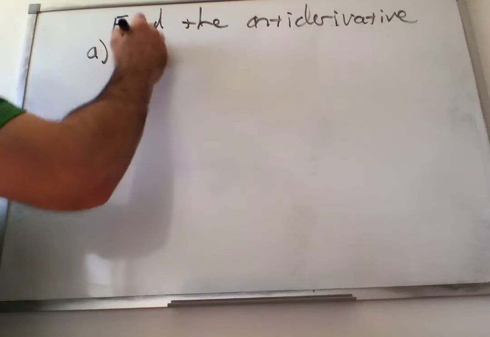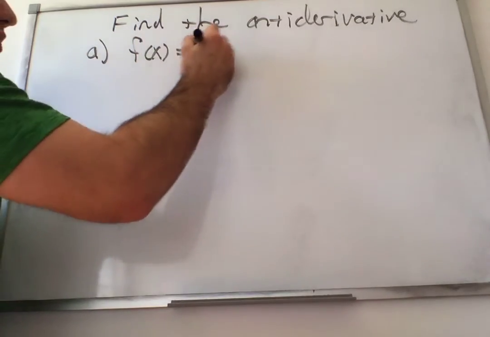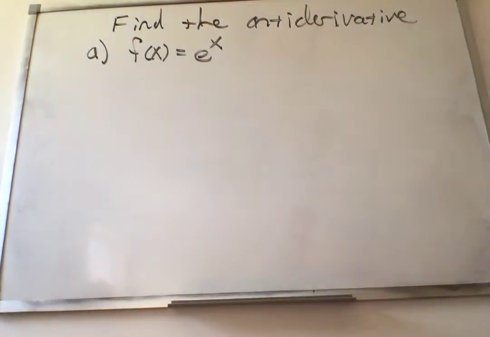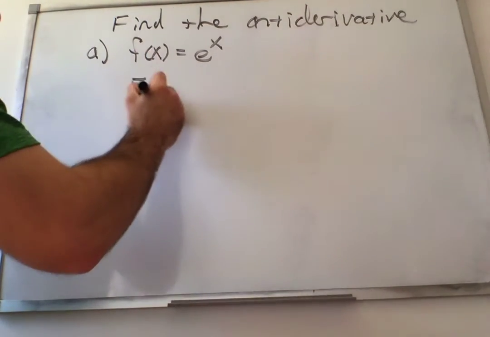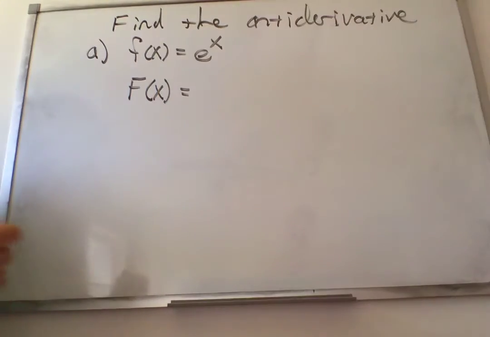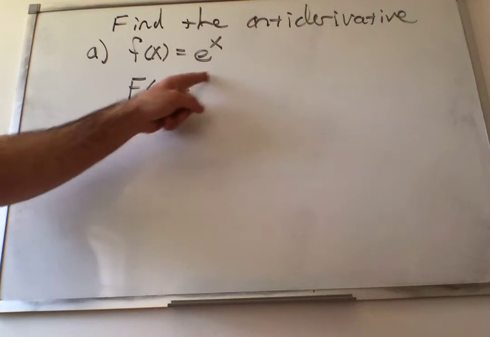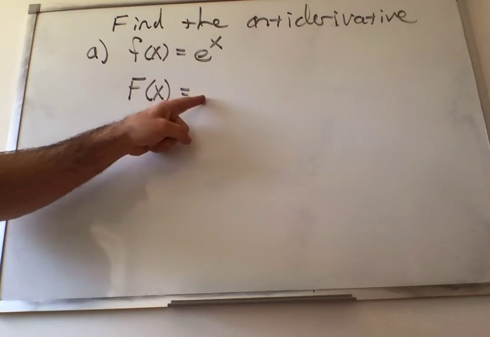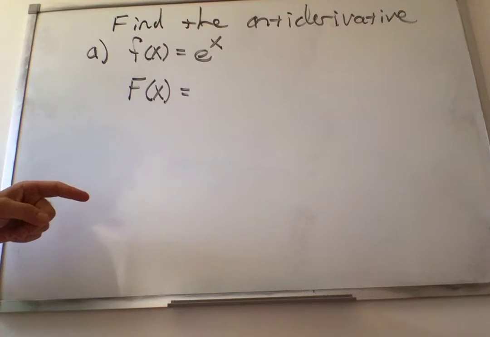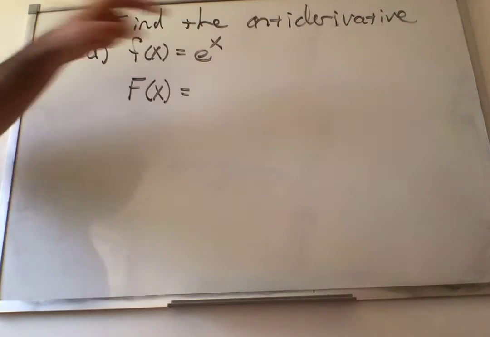So, A says f of x is equal to e to the x. Okay, we want to find the antiderivative, big F of x equals something. Can you think of a function such that when you take the derivative of this function, you get e to the x?